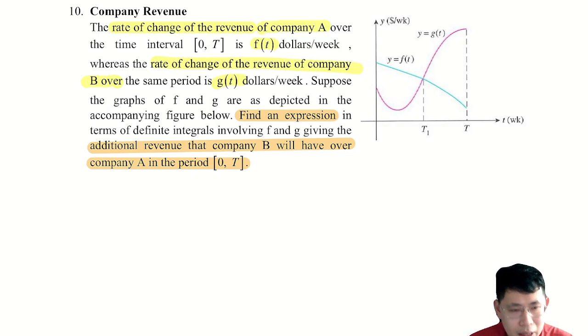Okay, now let us look at the graphs again. This one is for company B. This blue curve is for company A. So let's take a look at the first region.